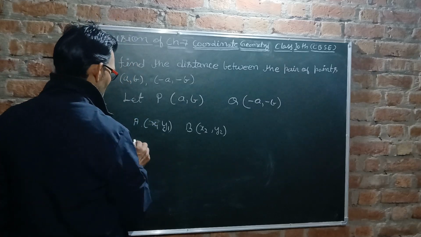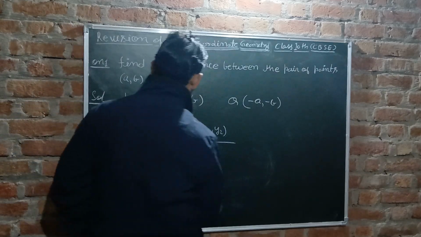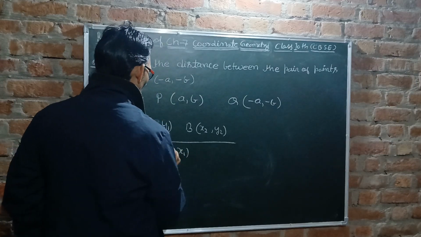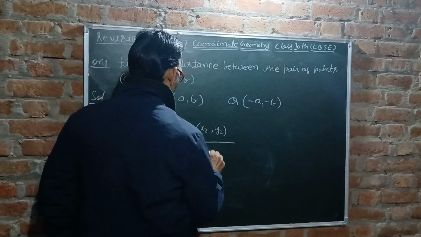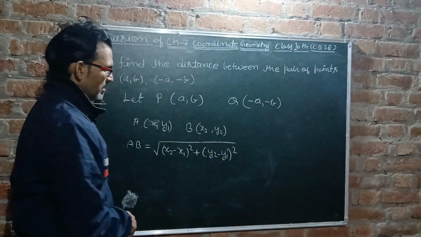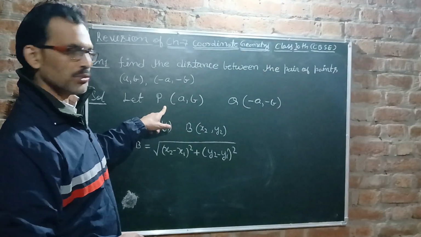So here is the formula: AB equals under root of (x2 minus x1) whole square plus (y2 minus y1) whole square. So by applying this formula we can solve our question.